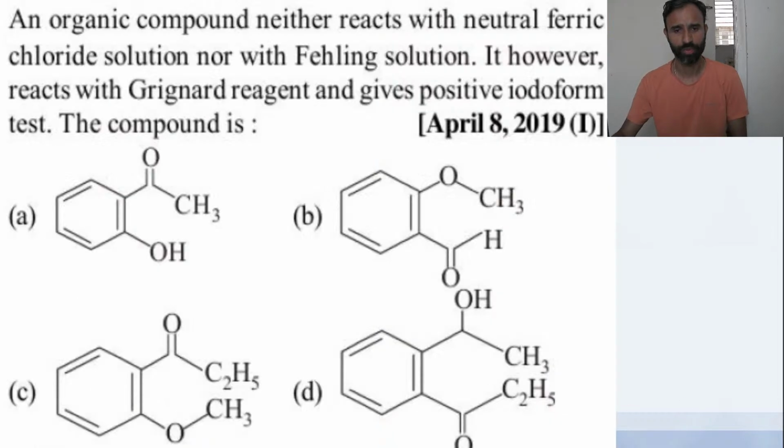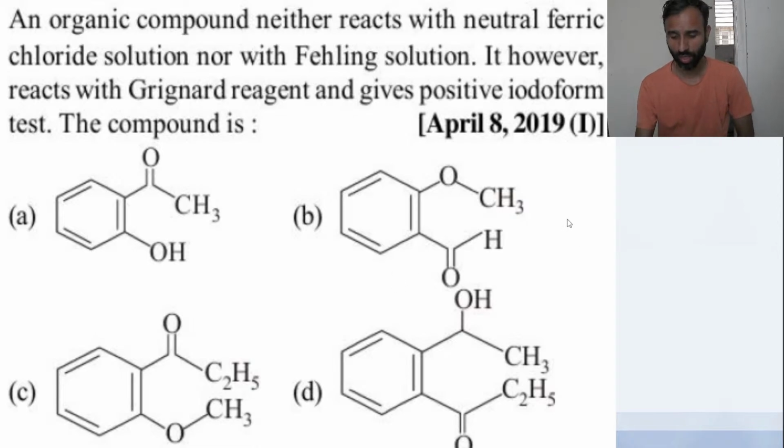Next, an organic compound neither reacts with neutral ferric chloride solution.